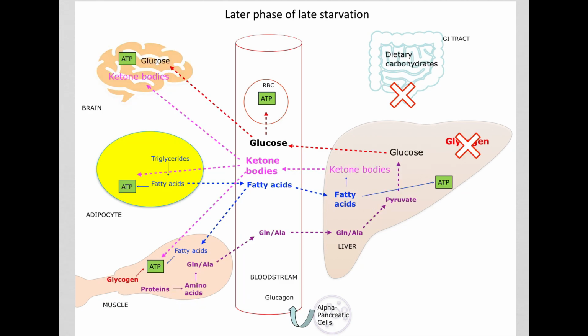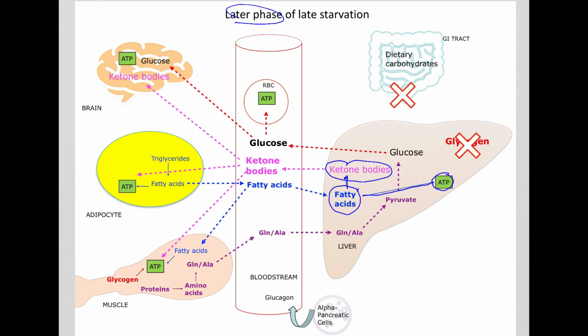So to avoid continuous muscle breakdown, now we enter a later phase of late starvation. What the liver does now is, besides using fatty acids to generate its own energy, the liver converts some of these fatty acids into chemicals called ketone bodies.